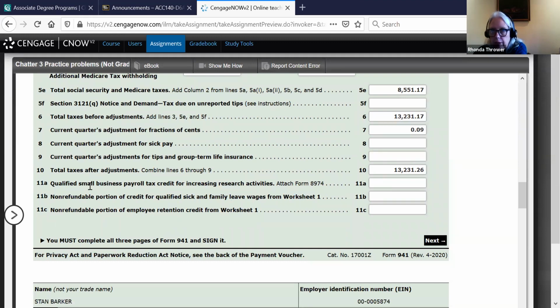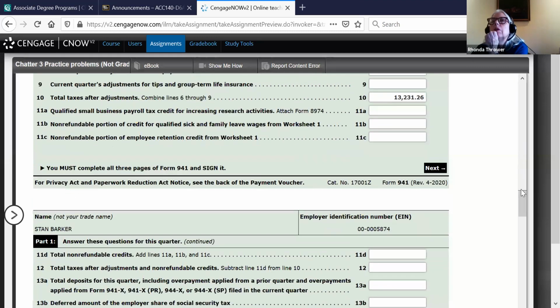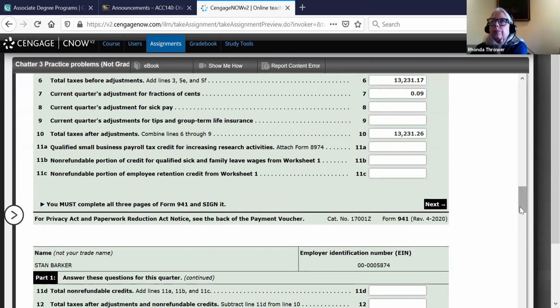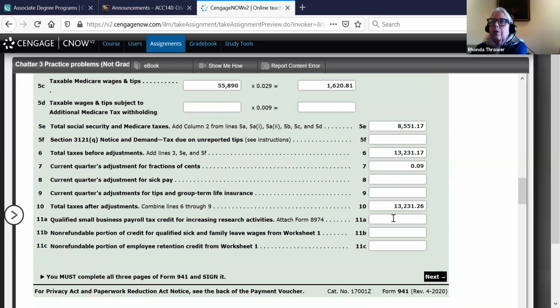We didn't have anything to put on the line 11A or B or C. So you're going to move to line D. And I'm so sorry, I made that same mistake a while ago, but we're going to bring this down to this first part because there was no, they didn't tell us anything about that.